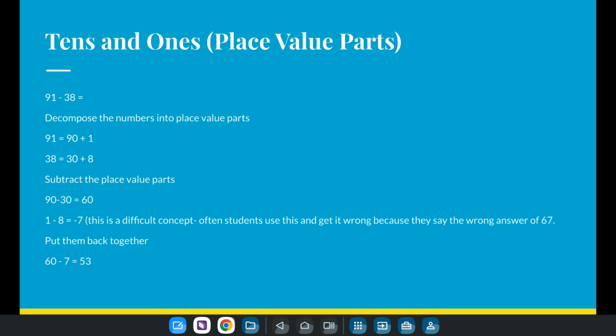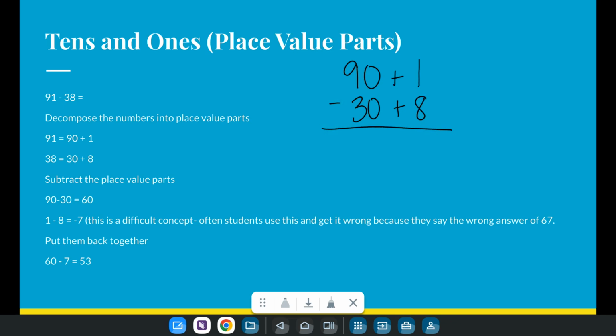So tens and ones would be the strategy we're going to start with. If we were trying to subtract 38 from 91, the way we would do that is we would break up the two-digit numbers into their tens and ones place values, and then we would subtract. A lot of times teachers may even ask students to write it like this, and then they would have students subtract this way.